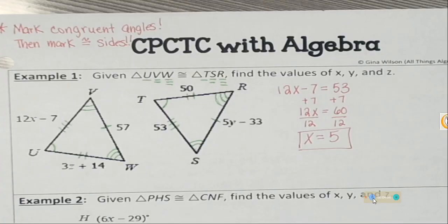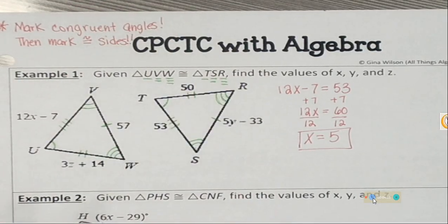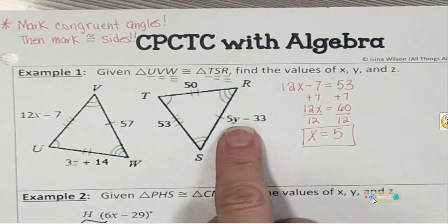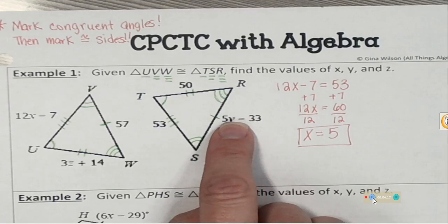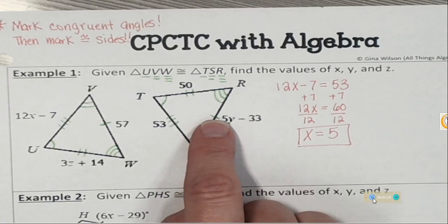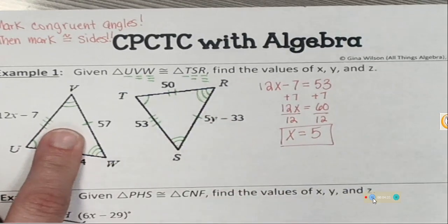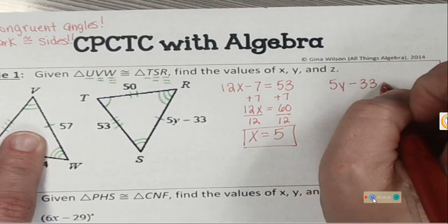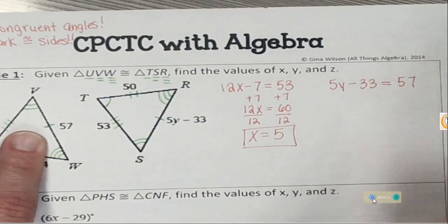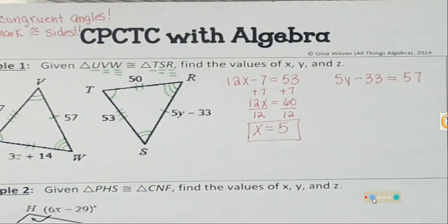So I found x. What if the problem told you to find y? You're going to look at your figure and you're going to find any y that you've got. Well, that's the only y I've got. What do I know about 5y minus 33, which has 1 mark? It equals 57. So 5y minus 33 with 1 mark equals 57 because it's got 1 mark.